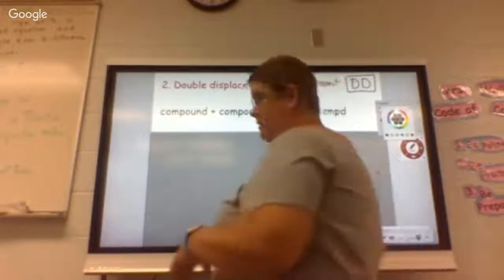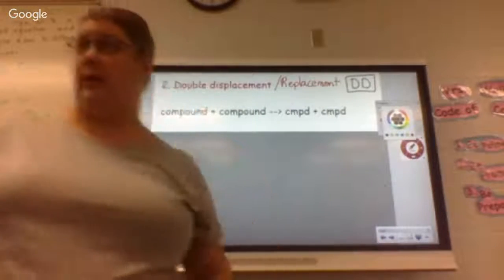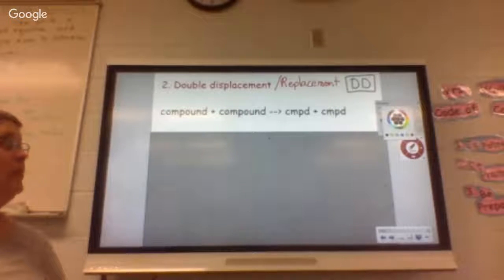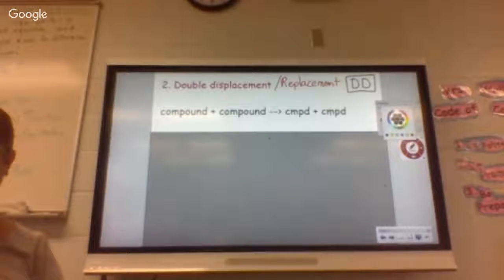This one is a compound plus a compound, and you get two compounds. The thing that makes this one different is you don't have any single elements. Everything is a compound. Now, because this is displacement again, what has to happen?